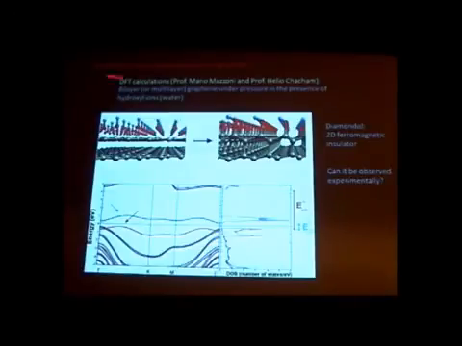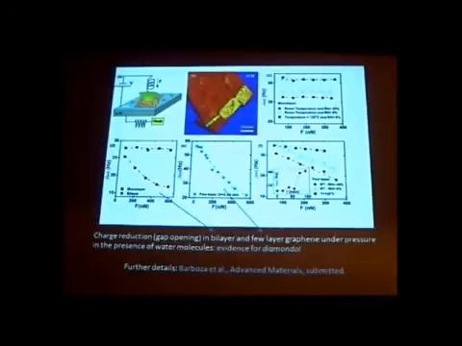First, the theory group has done some calculations showing that under pressure, if you have a bilayer graphene in the presence of hydroxyl, it will stabilize in a new configuration which we call diamondol, an insulator. And we asked, can we observe this experimentally? Well, I think the answer is yes.